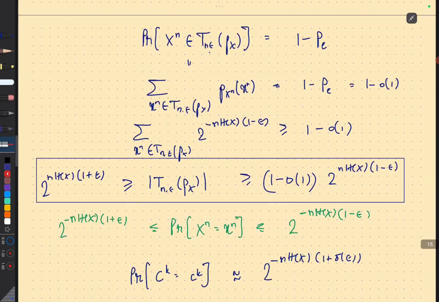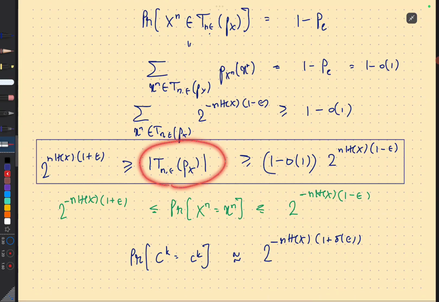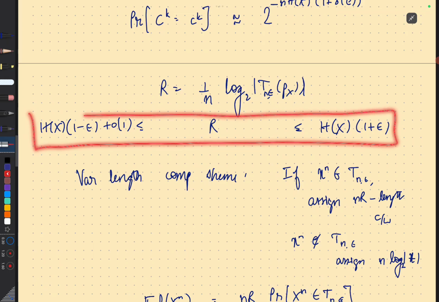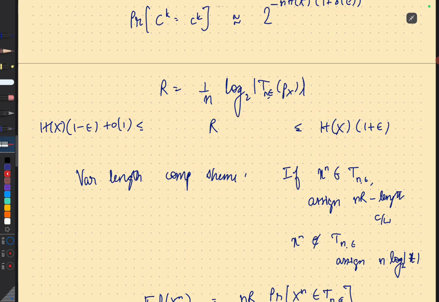And using this, we showed that the size of the epsilon typical set is roughly 2 to the n times the entropy, where the exponent is within a 1 plus or minus epsilon. Right. So basically, this essentially says that the rate of this compressor that is constructed using the epsilon typical sequence, the typical set compressor, achieves a rate that is within an epsilon of the entropy.